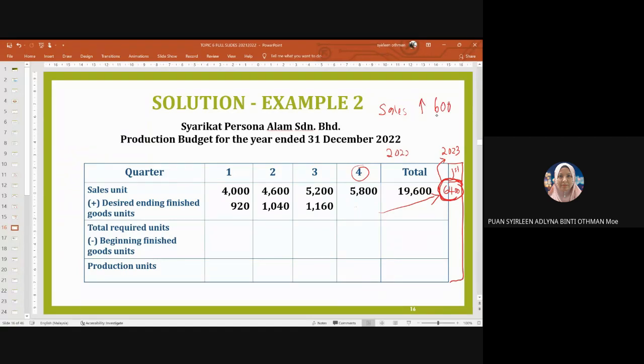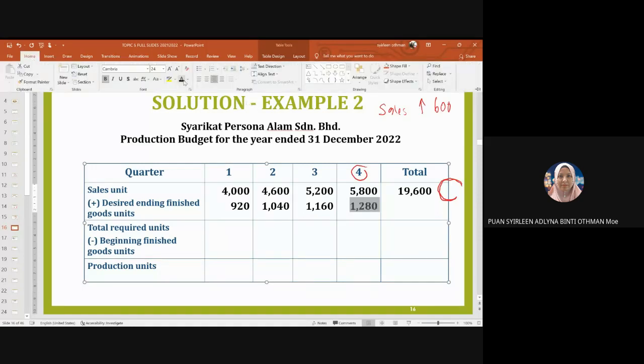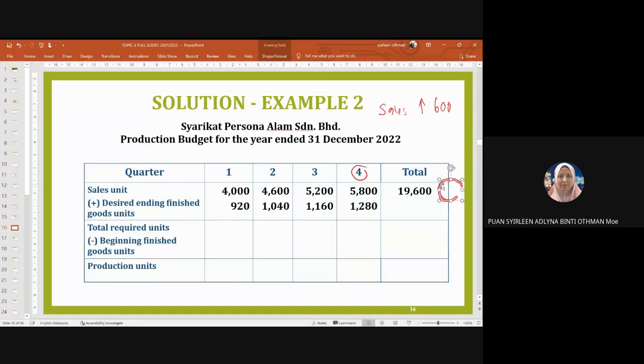So ini quarter keempat, iaitu quarter terakhir dalam 2022. So bila dia pergi ke 2023, the first quarter pun dia akan tambah 600. So my last unit sales tadi tu ialah 5,800. So the first quarter untuk 2023 ialah 5,800 plus 600. That will be 6,400. So my ending inventory will be 20% from 6,400. Yang ini you memang kena catat.